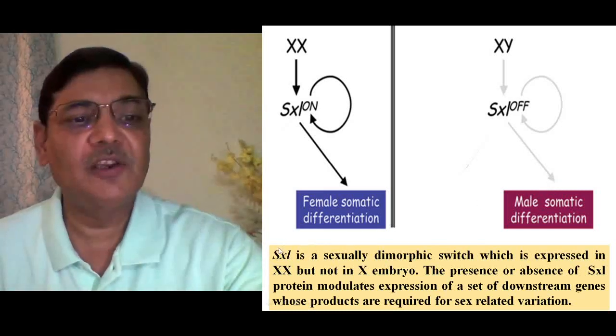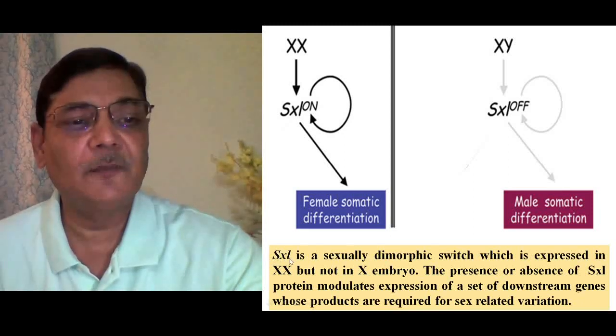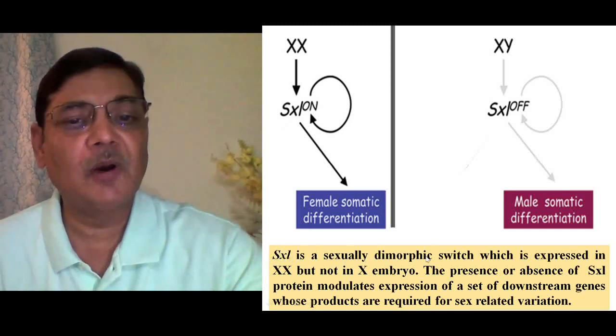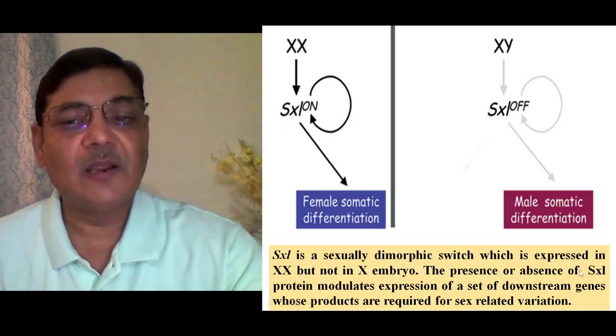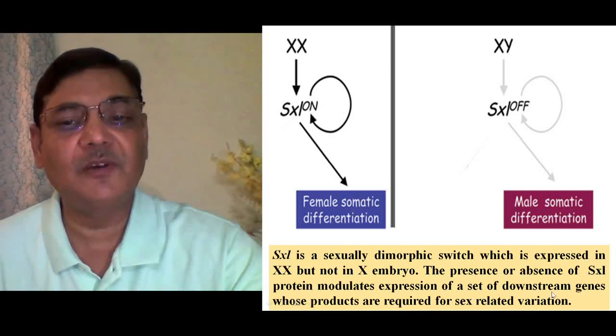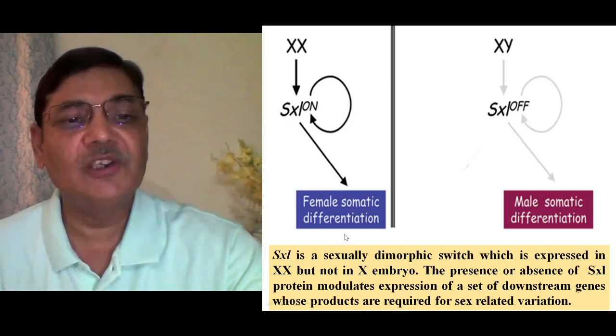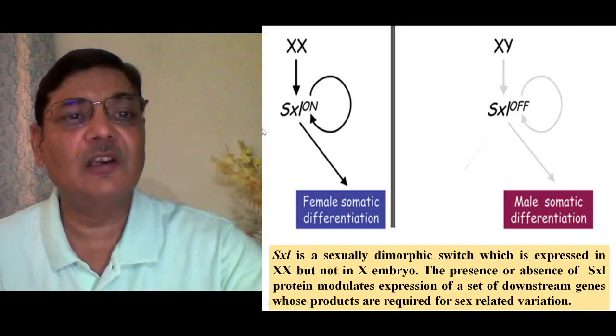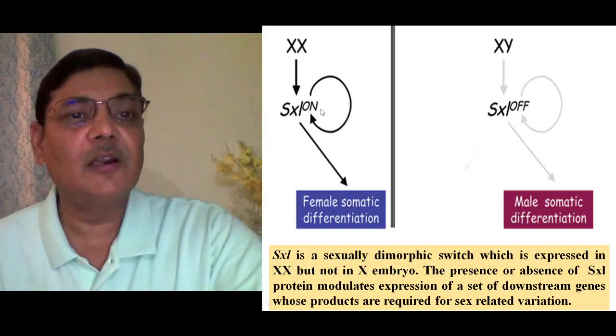So the important thing is that the sex lethal gene is a sexually dimorphic switch which is expressed in XX but not in XY embryo. And the presence or absence of sex lethal protein modulates expression of a set of downstream genes whose products are required for sex-related variation. So it is important to understand that the sex lethal gene SXL is active only in those cases where the ratio is 1.